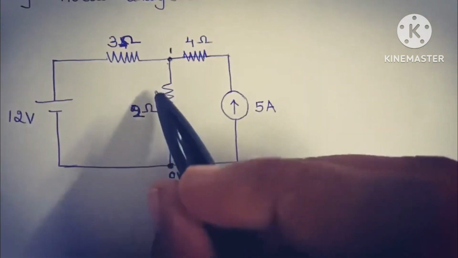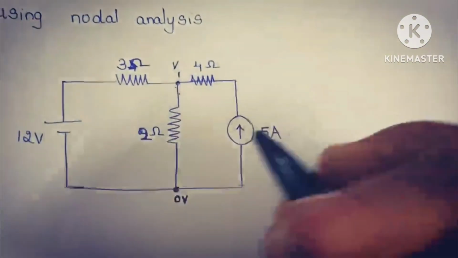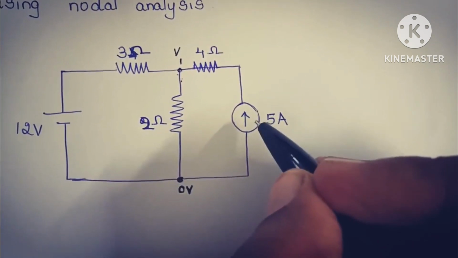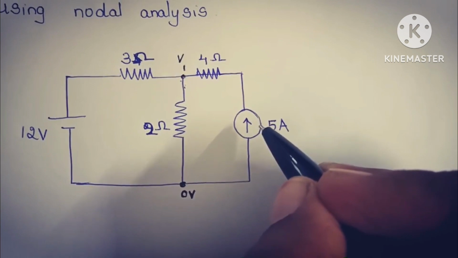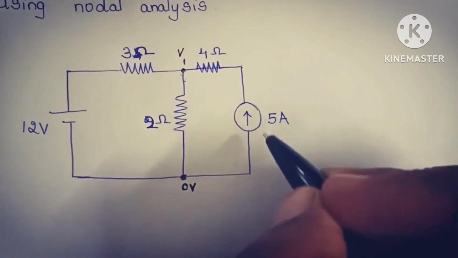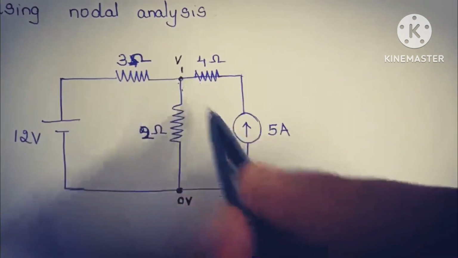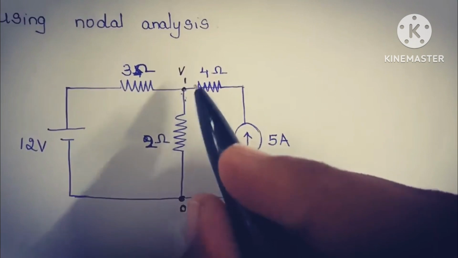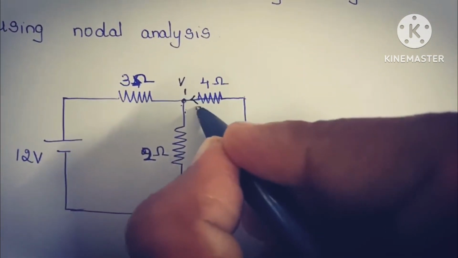So let us take the value of voltage at this node as V, and as the current source is given, first we need to assign the direction of the branch in which the current source is present. So here the direction of flow of current is from downward to upward. Therefore, this is the direction of flow of current. Let this be I1.